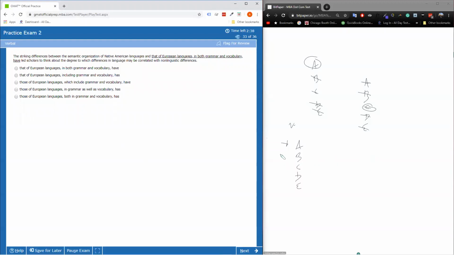The striking differences between the semantic organization of Native American languages and that of European languages in both grammar and vocabulary. That sounds redundant.